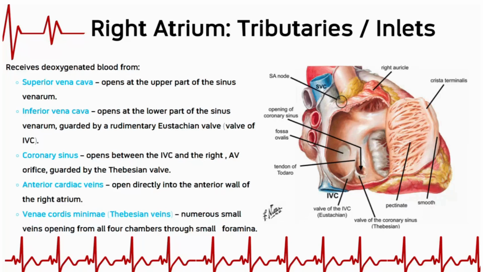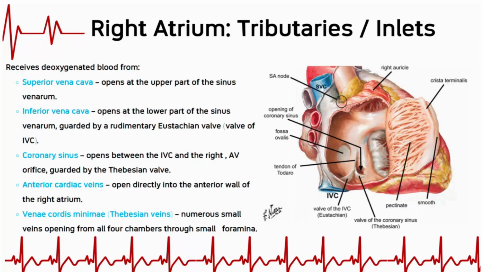And we have the anterior cardiac vein, which opens directly into the anterior wall of the right atrium. Not much to talk about there. And we have the venae cordis minimae. These are Thebesian veins. They're numerous small veins opening from all four chambers of the heart through small foramina.